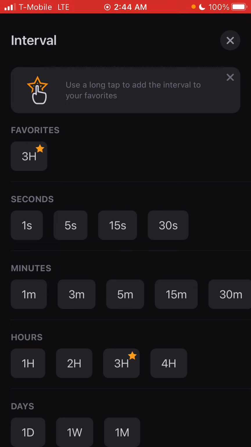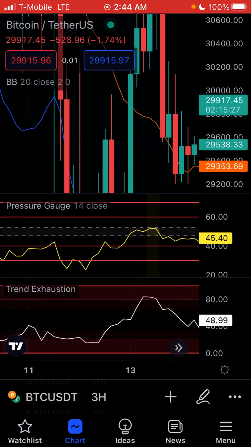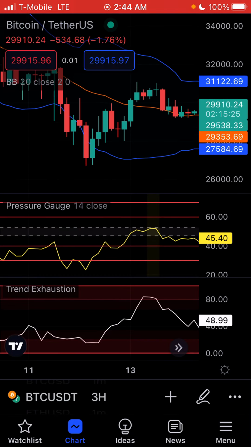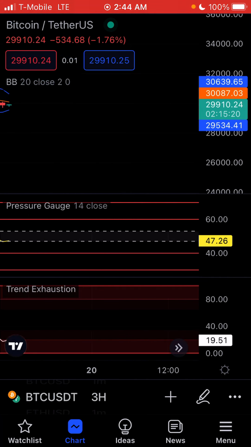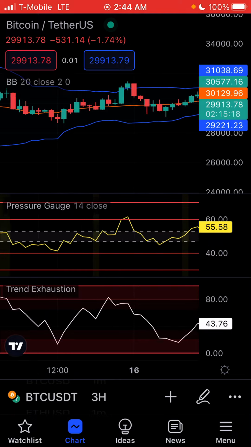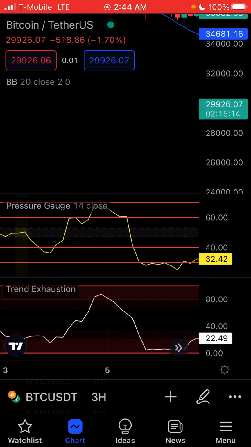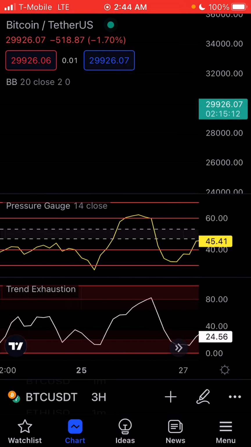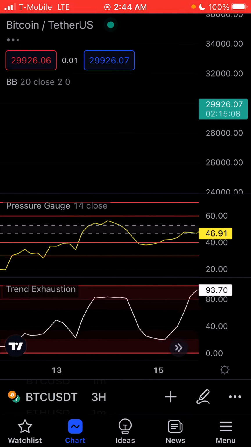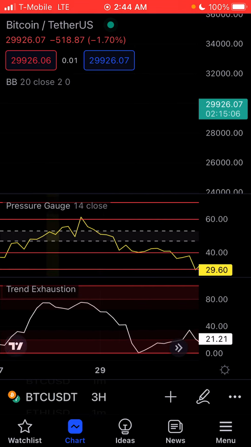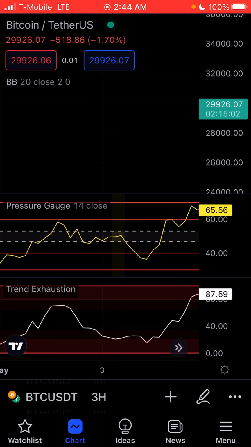Let's go to the 3 hour, much easier. Okay, so what we're looking for is the pressure gauge. You can see there's not that big of a pressure gauge. Let's just find a small one like this one right here. You probably can't see it.